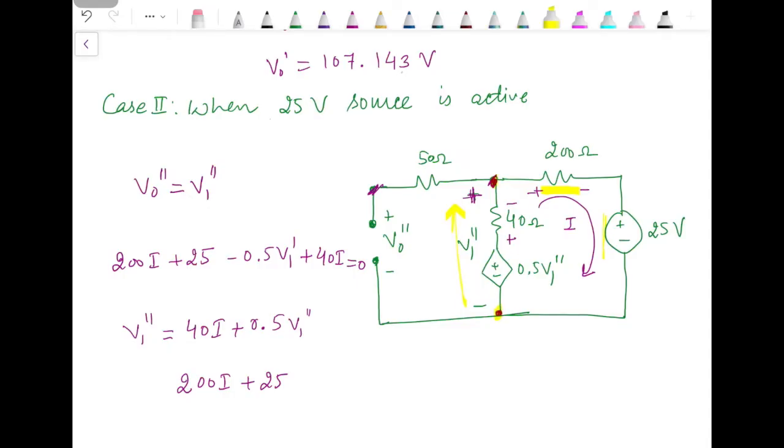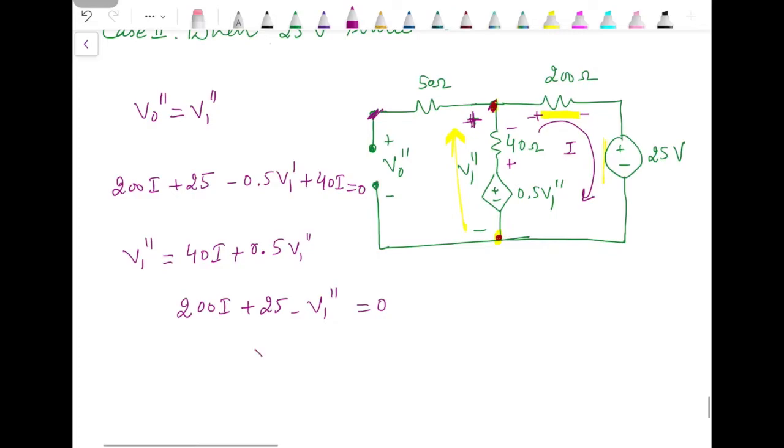We just need to write the voltages of one loop minus V1 double dash equal to 0. So from here V1 double dash becomes 200 I plus 25. So we have different choices with which we can find out the value of I.